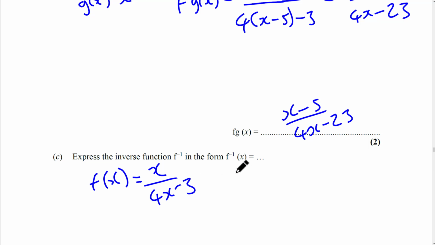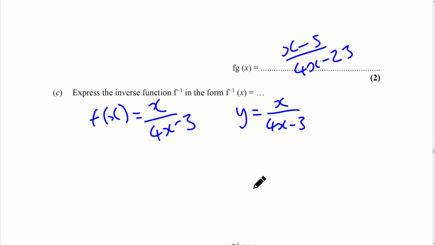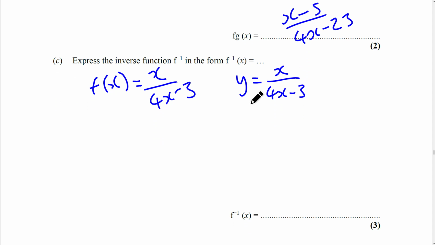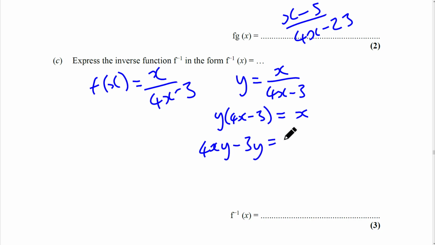So remember when I said you do inverse, just put y in, make x the subject, so we're going to multiply out by 4x minus 3 on both sides. Let's expand that out. So we're going to get 4xy minus 3y equals x.